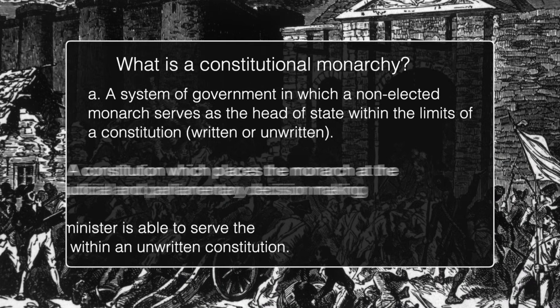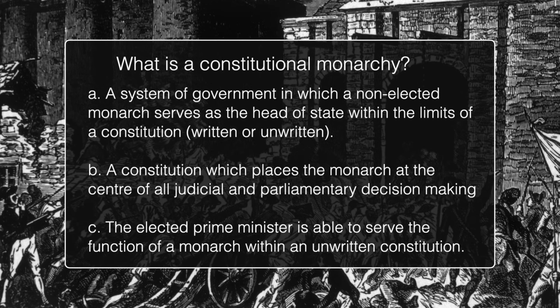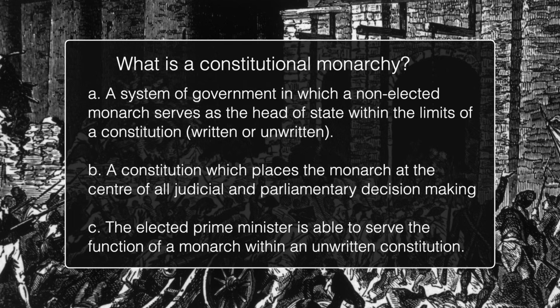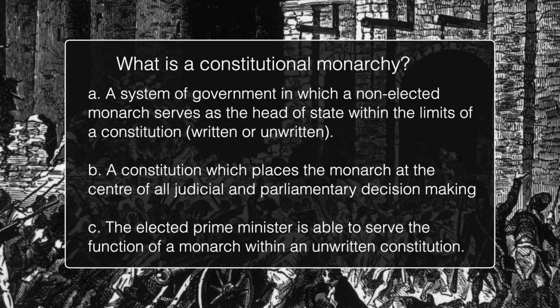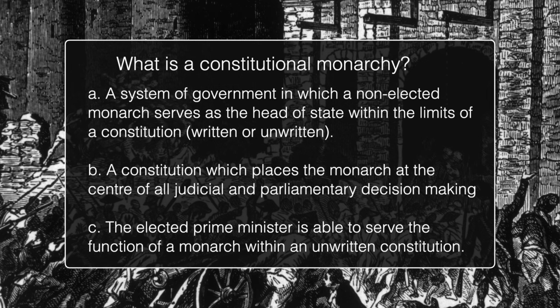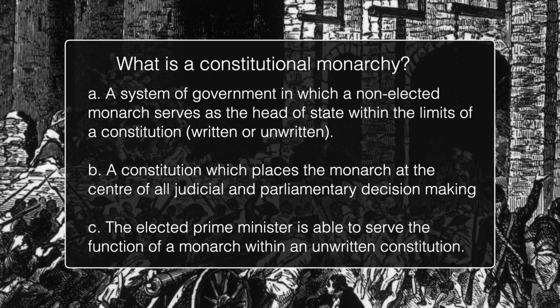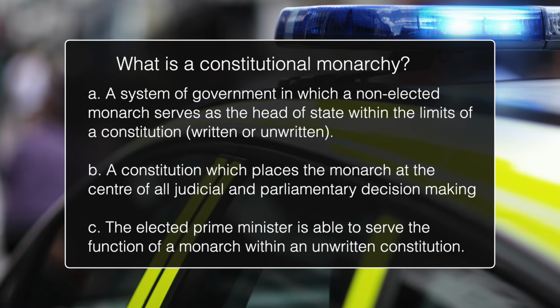What is a constitutional monarchy? A. A system of government in which a non-elected monarch serves as the head of state within the limits of a constitution, written or unwritten. B. A constitution which places the monarch at the centre of all judicial and parliamentary decision-making.